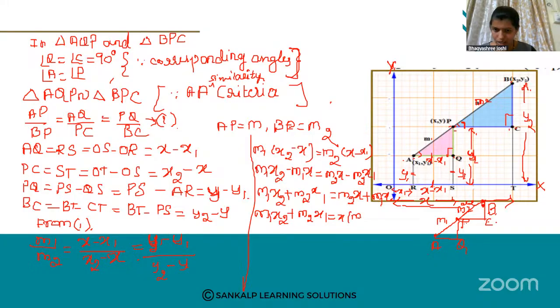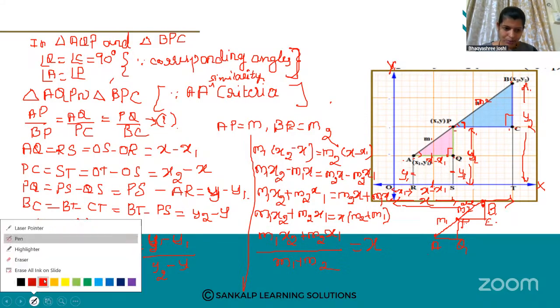X into M2 plus M1. I will take X outside, that is common. Now transfer this M2 plus M1, or you can say M1 plus M2, both are same, to this side. So X equals M1 into X2 plus M2 into X1 divided by M1 plus M2, right?